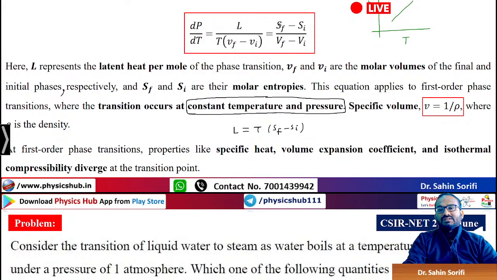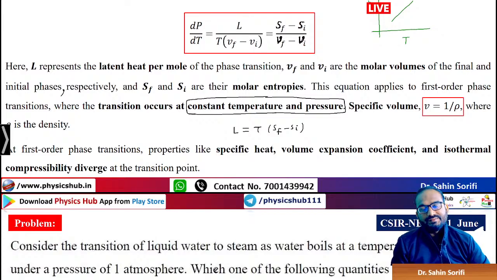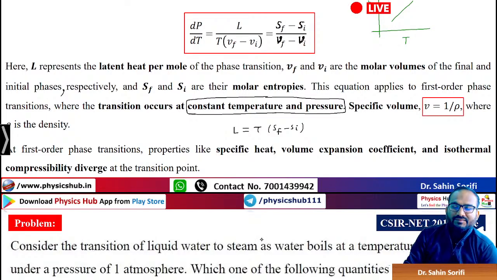Actually, you should write this thing small, okay? Small s. Here it is small v, not capital V, small v. Just rectify this one.